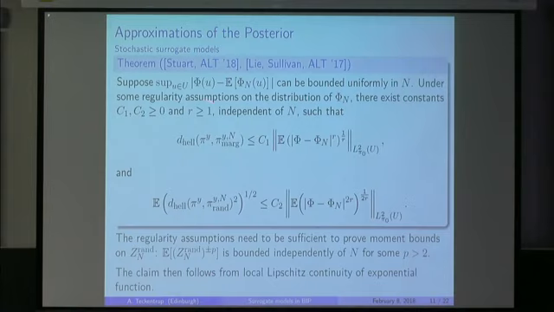You need to have some control on the distribution, and in particular on the tails of your distribution of phi n, so that you can bound these constants c1 and c2 here also independently of n. Once you have that, then the rest of the proof is again just the local Lipschitz continuity of the exponential function. I'm now going to go on to examples.